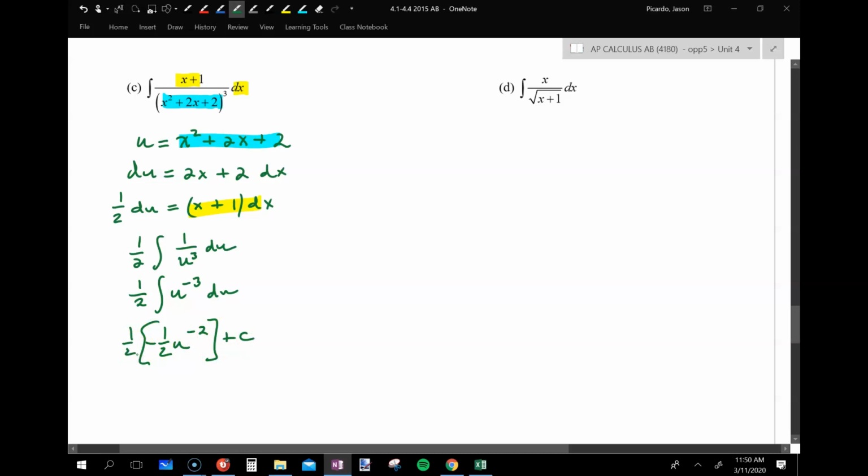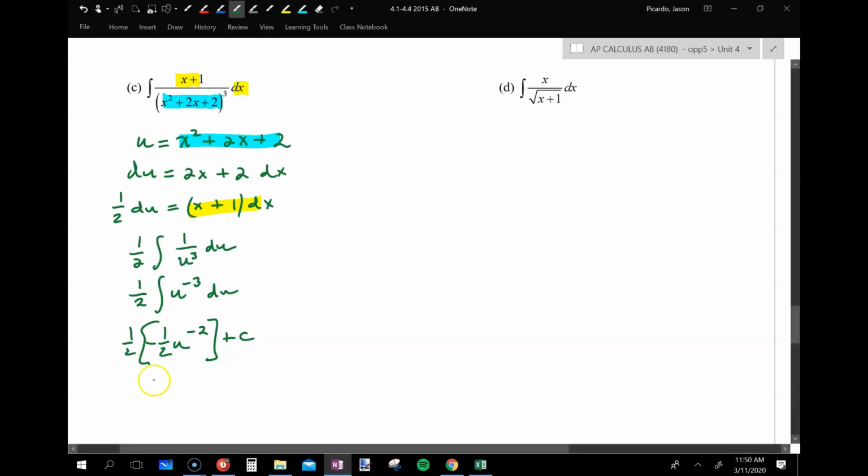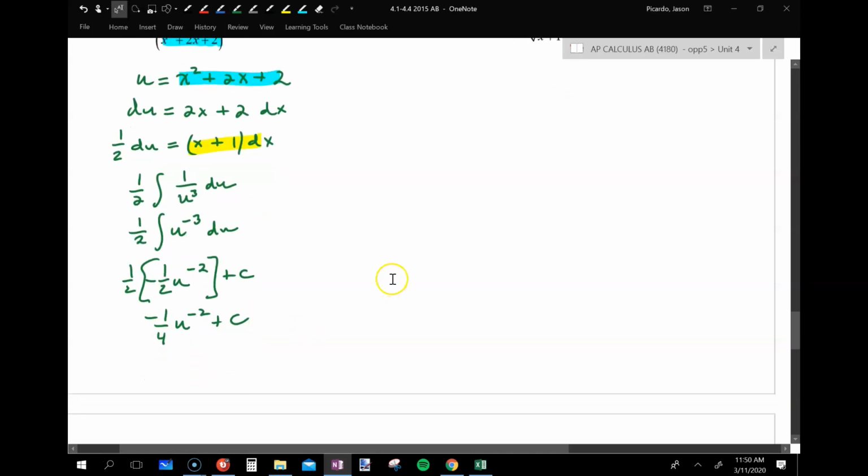Everybody agree with that corrector, negative a half? So what do I got? I got negative a fourth of that, which I'm not going to leave my answer like that, am I? I'm going to write it like that.